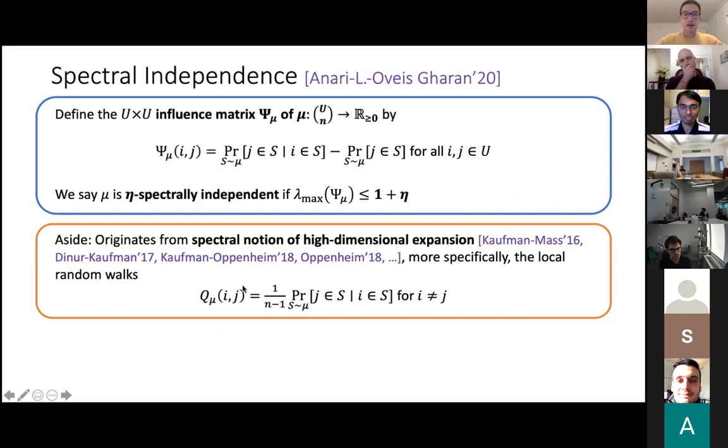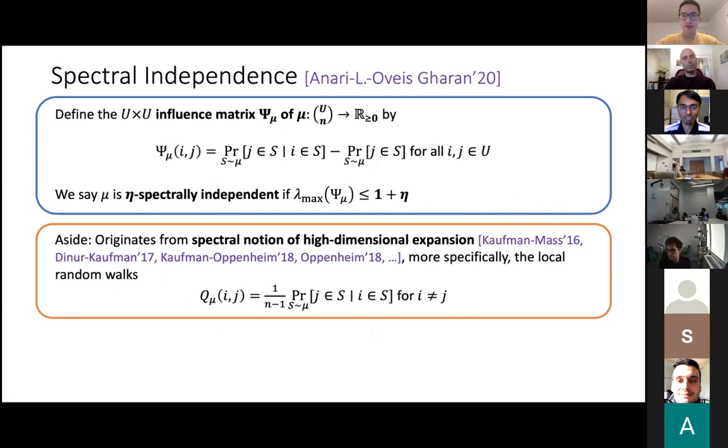In particular, if you have spectral independence, what it says is that these local random walks are very fast mixing. They mix in basically one step. And then using some technology in the high dimensional expander literature, you can go from very fast mixing of these local walks to polynomial mixing of the global Markov chain that you want to analyze in the end.